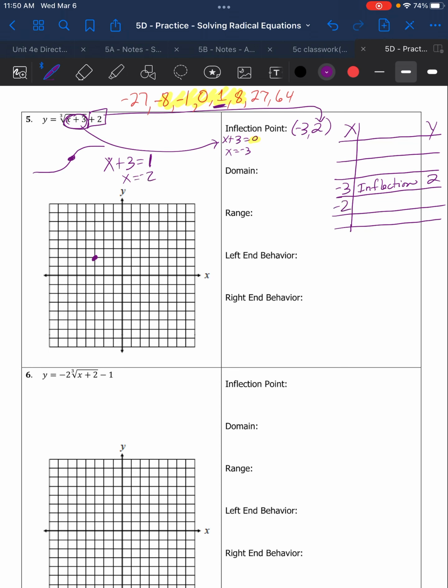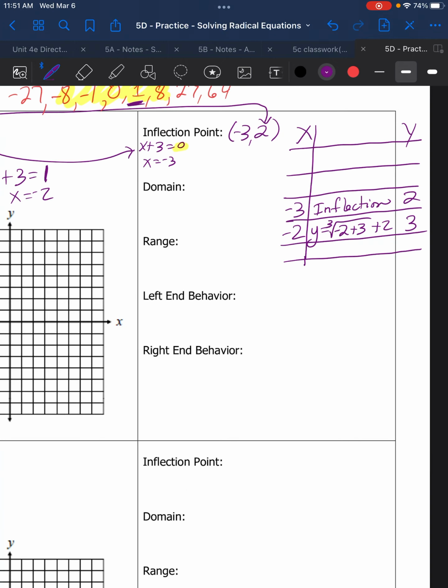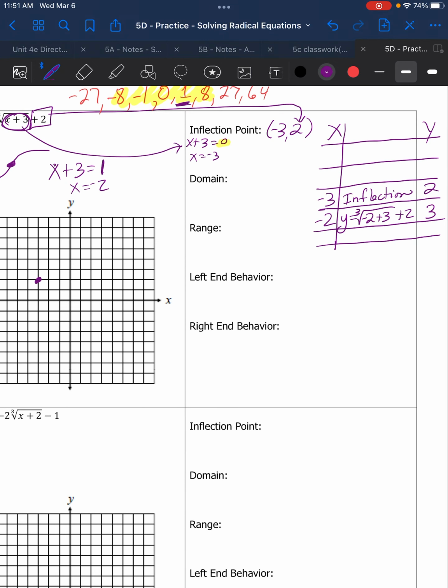So that's my next point, -2. The reason why is when I substitute that in, cube root of -2 plus 3, plus 2, and I simplify this, it's going to work out. So -2 plus 3 is 1. The cube root of 1 is 1, plus 2 is 3. So I have my point -2, 3. So -2 and then up 3.